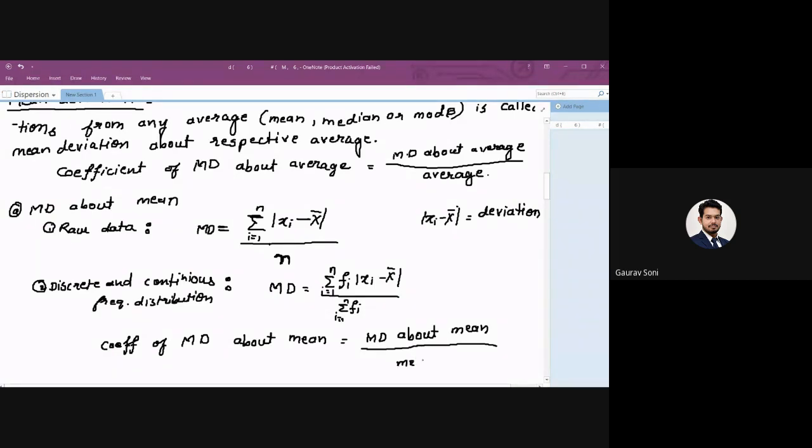X bar, upon mean. So this is the complete thing about the mean deviation.